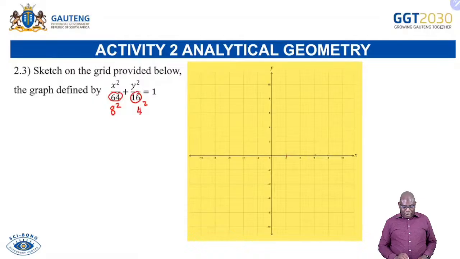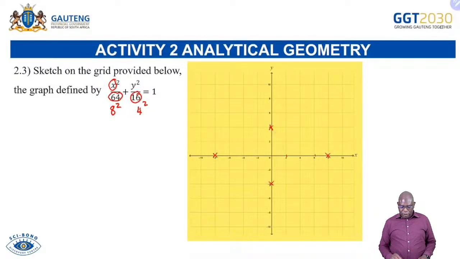So I go to my diagram. And then from there, on the x-axis, I look for 8. On the y-axis, I'm going to look for 4. What I've done on my left there, I'm going to go and look for my 8 there. I'm going to look for my 4 there.